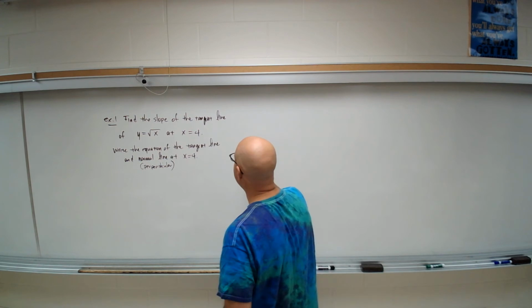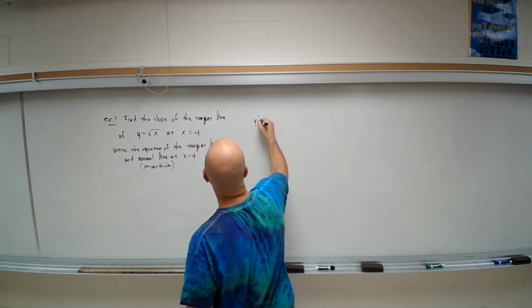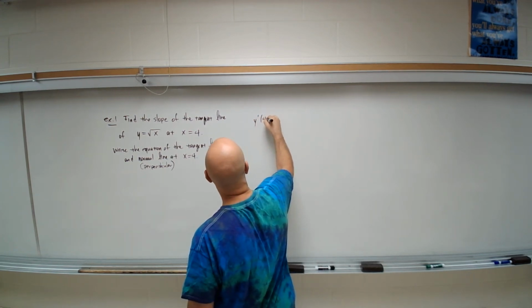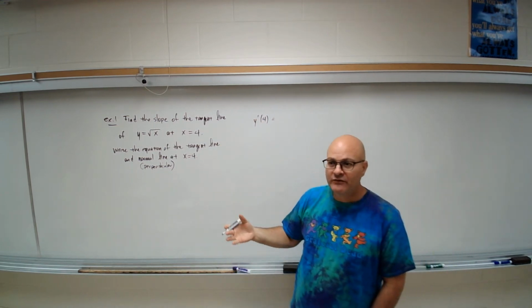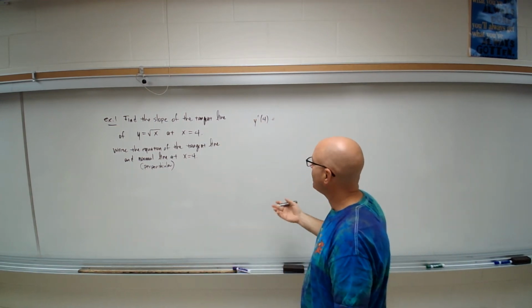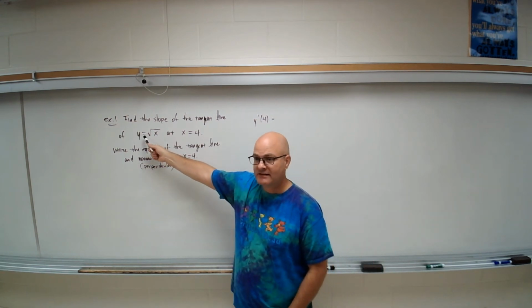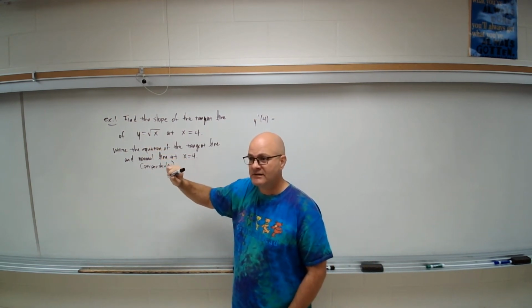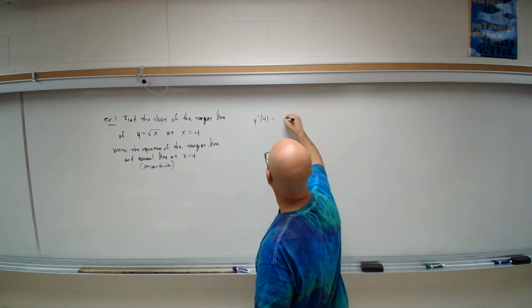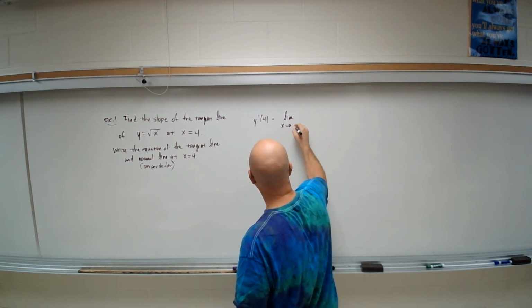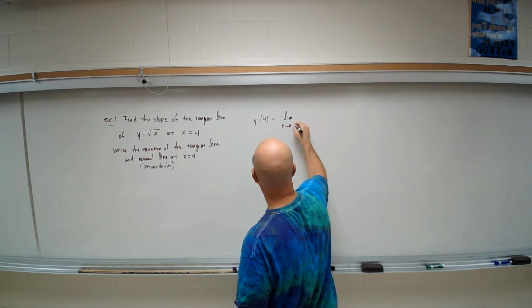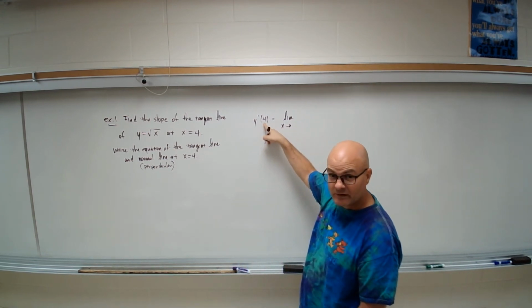So I would recommend, as you're learning this, since it's new to us, that we really work on writing out the formula and use our notation. Okay, so we have that we're going to find y prime at 4. Here I had y equals, so we could use y, or we could switch it and say that this is f of x, if that makes you feel better. So we're kind of going to mix them up here. But our definition was the limit as x approaches 4, right? That's the number.